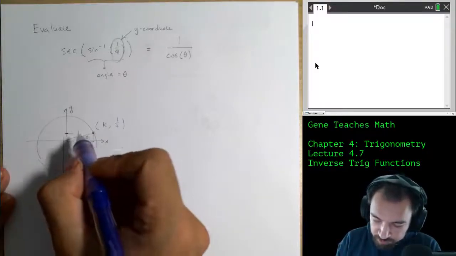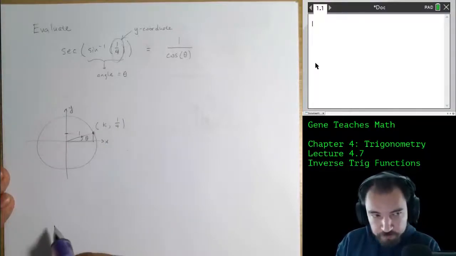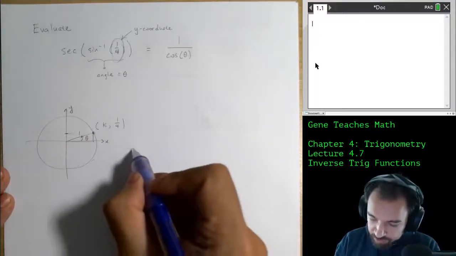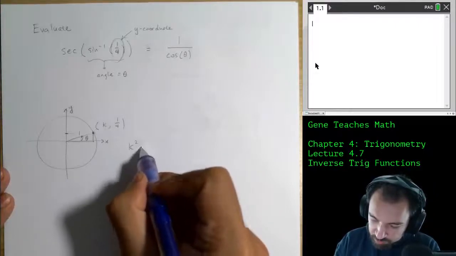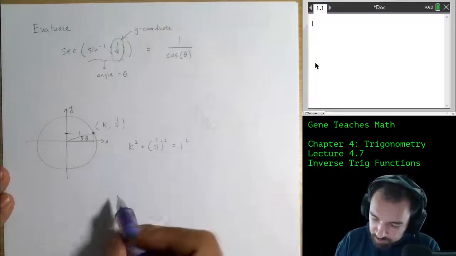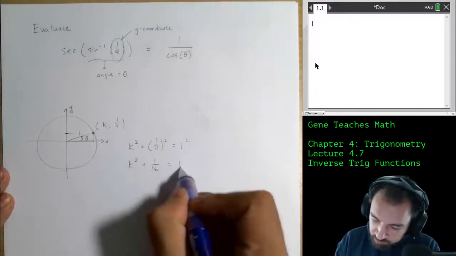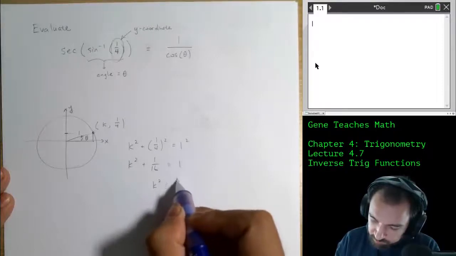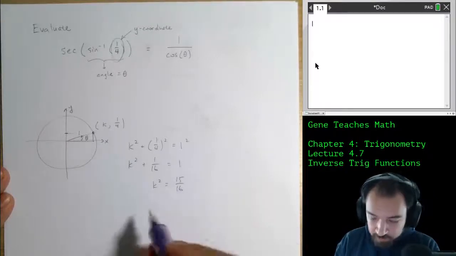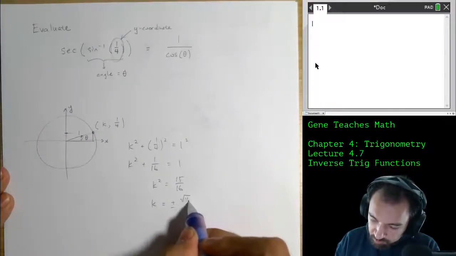In order to find k, I remember that this is a unit circle and the hypotenuse is 1. So by the Pythagorean theorem, I can say that k squared plus 1/4 squared equals 1 squared, or just 1. So k squared plus 1 over 16 is equal to 1, k squared is equal to 15 over 16, and when I square root both sides, I will get plus or minus the square root of 15 over 4.